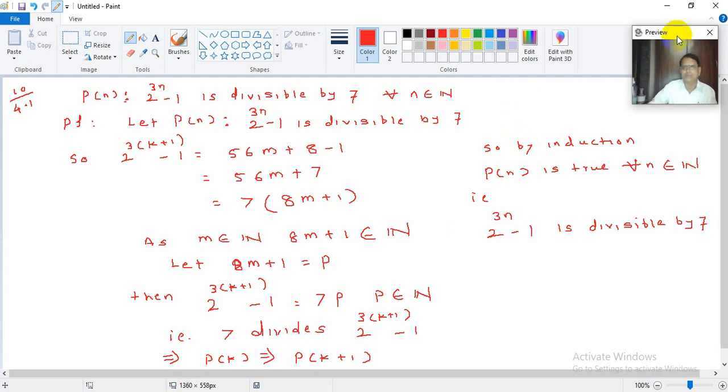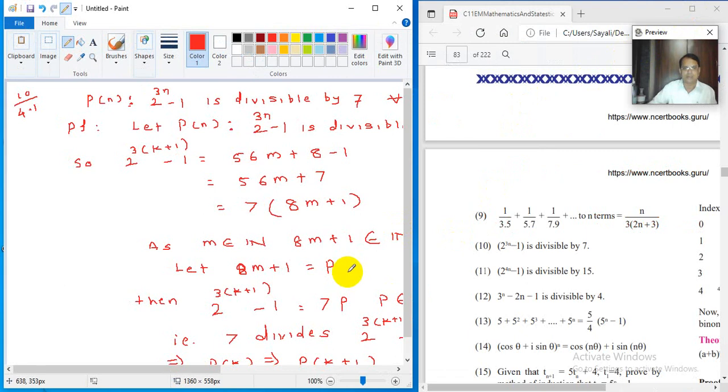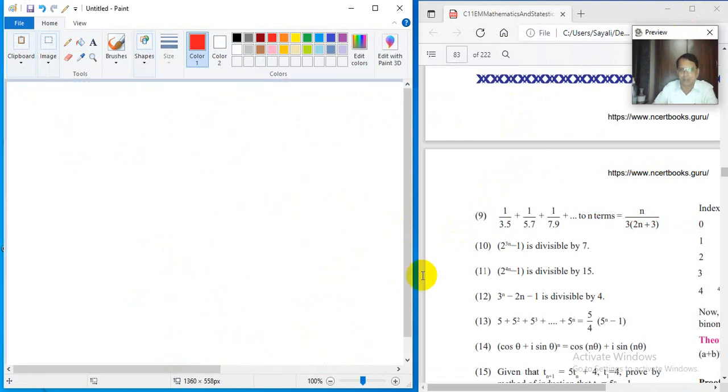We can do many such problems we can try. There are lot of problems in your book. You should try to solve all those. Okay, another problem we will do now. 12th problem. See, problem number 12 from the exercise 4.1. काय प्रूव्ह करायचं आहे?